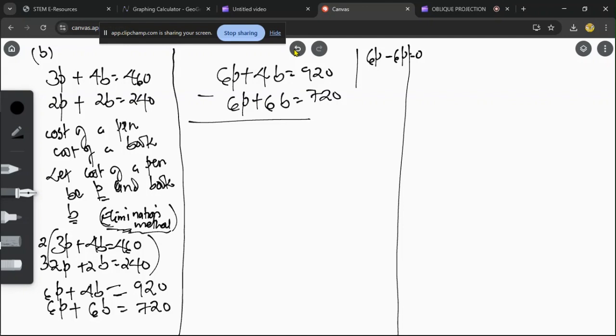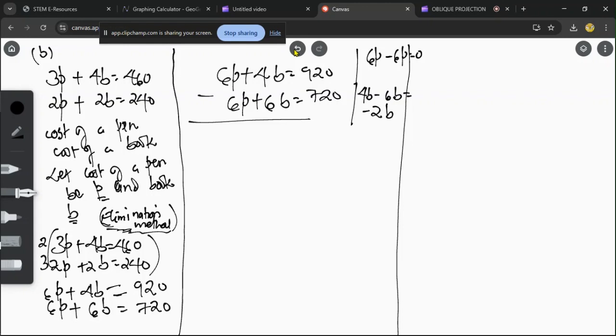What is 4B minus 6B? This is the same as a debt of 6 and you have 4 to pay, so it will be a debt of 2.